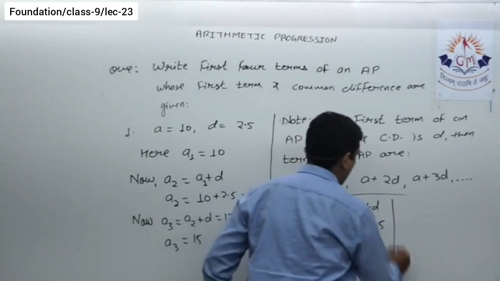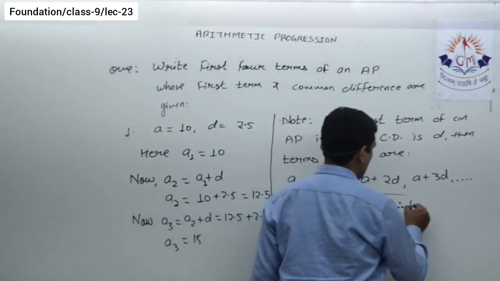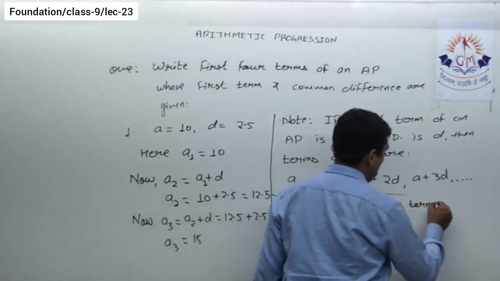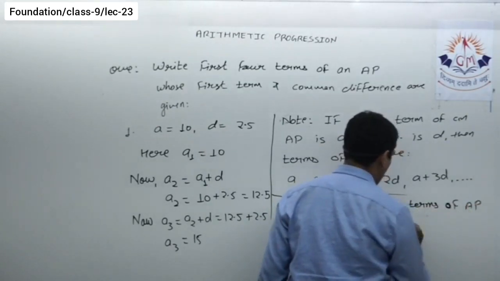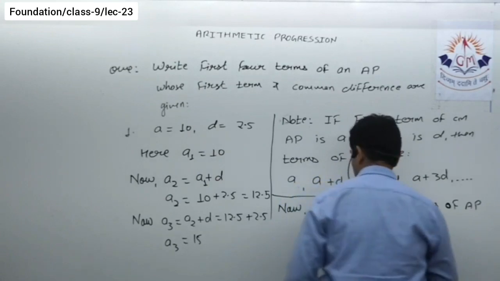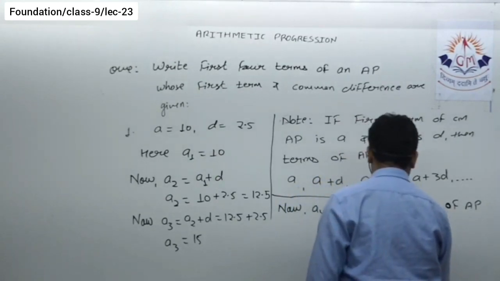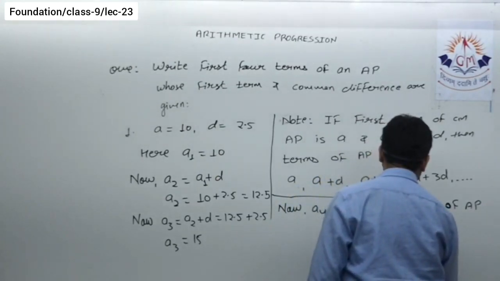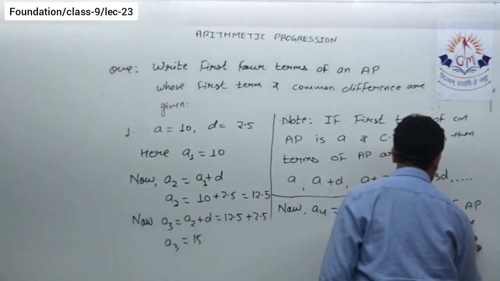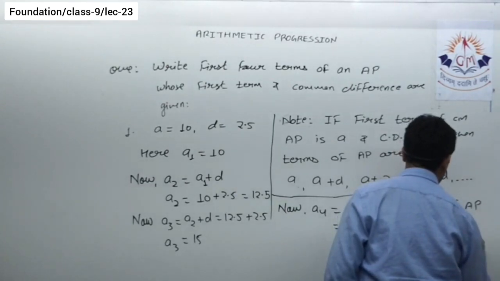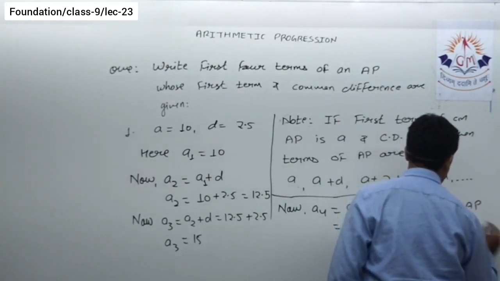So here I can write, therefore the terms of the AP are in this way: 10, 12.5, 15, 17.5 and so on.